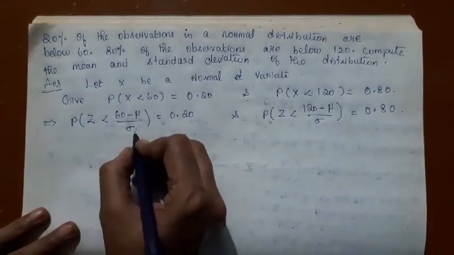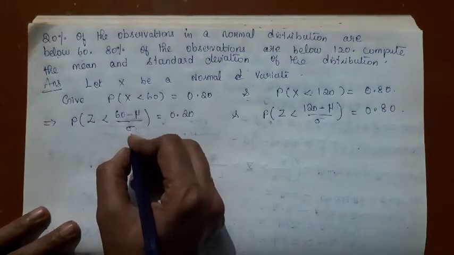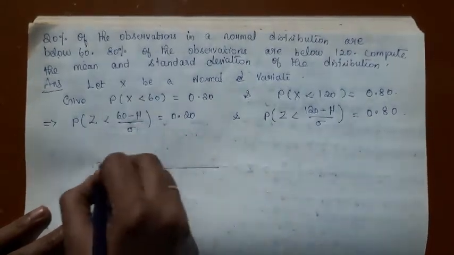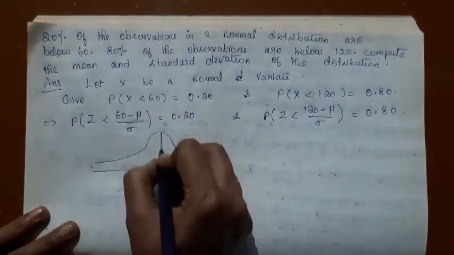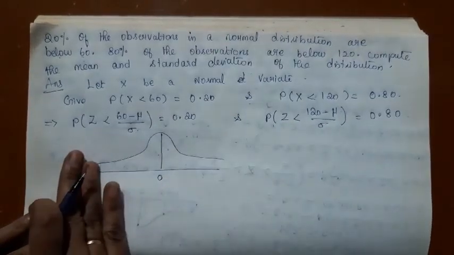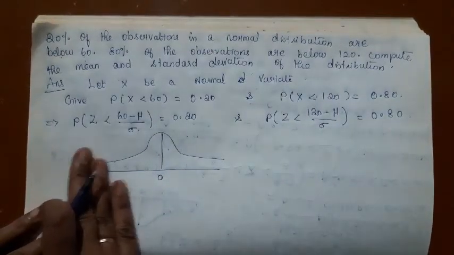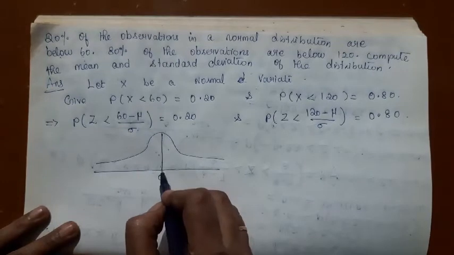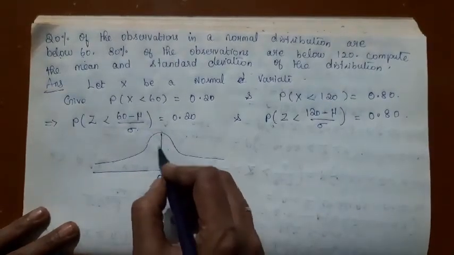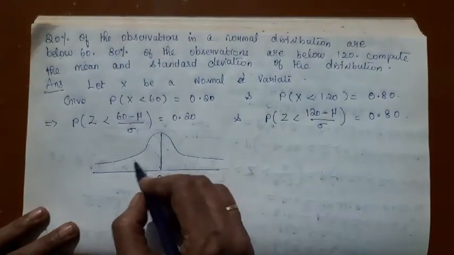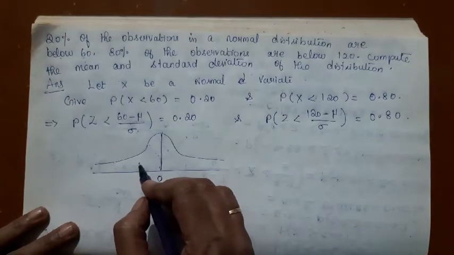Okay, now these two values are to be plotted on a graph. You have a normal curve, and when you start from here and come up to z equal to 0, you would have covered 0.5 area, right? 50% of the area.